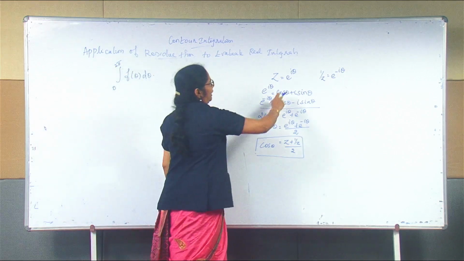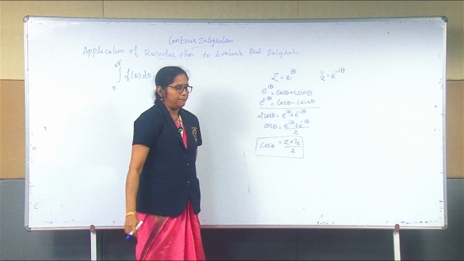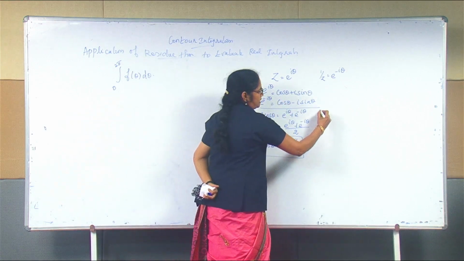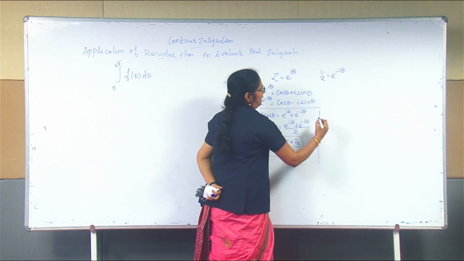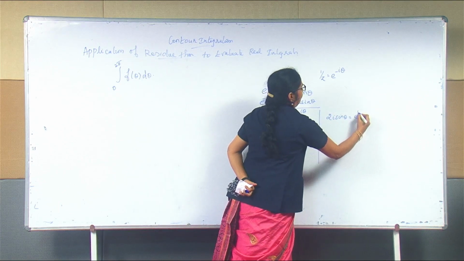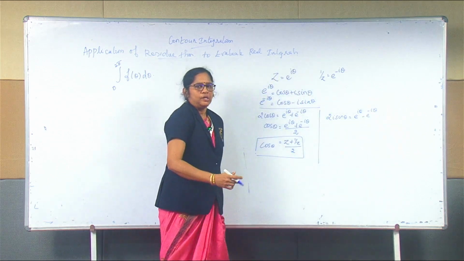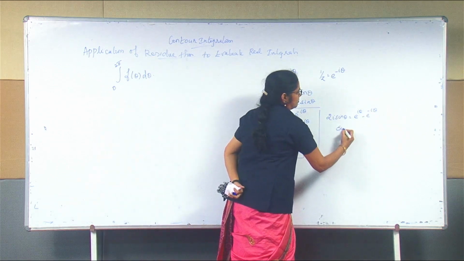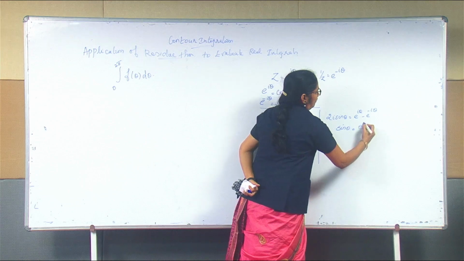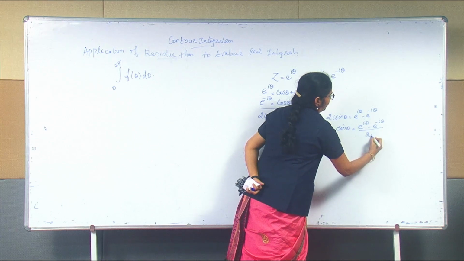Likewise, we can find sin theta. Instead of adding, if we subtract these two, we get 2i sin theta equals e power i theta minus e power minus i theta. So sin theta is e power i theta minus e power minus i theta by 2i.